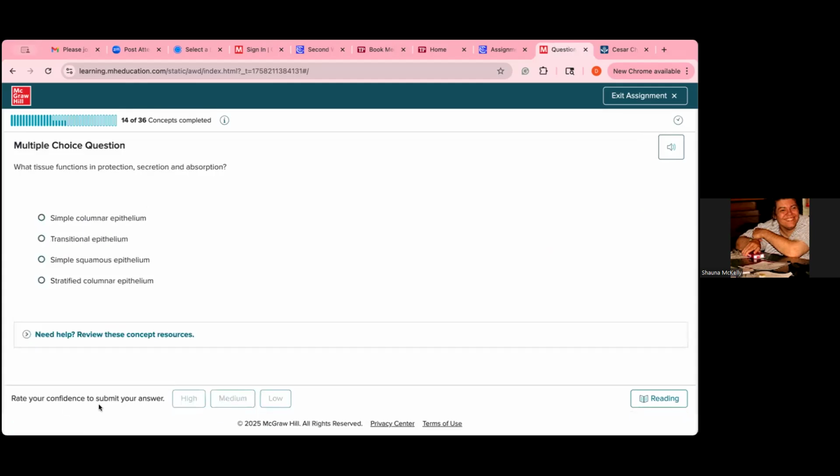What tissue functions in protection, secretion, and absorption? Protection, secretion, and absorption. I think that's, hold on.